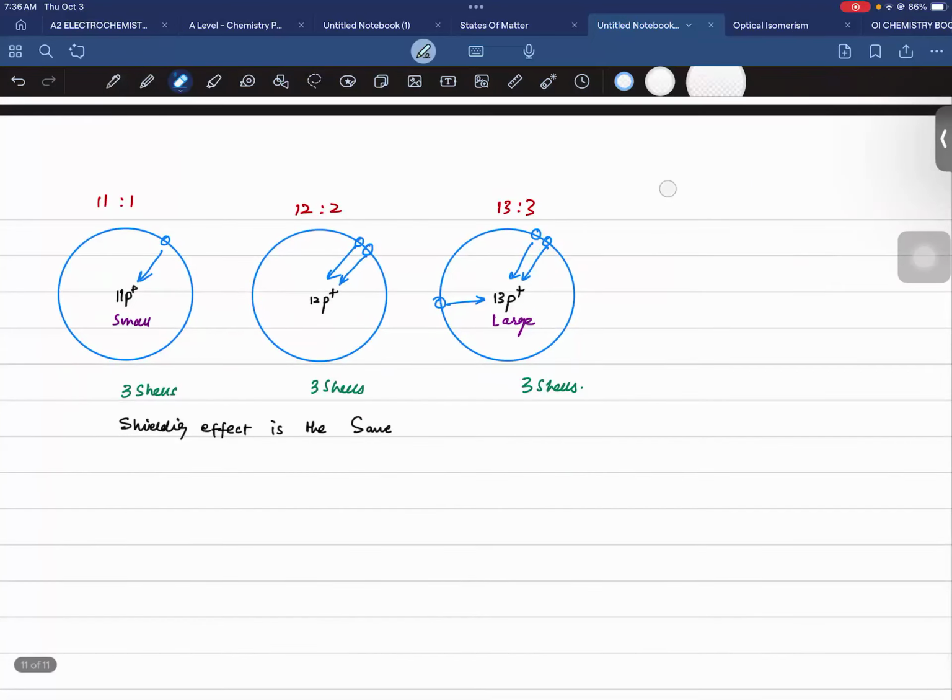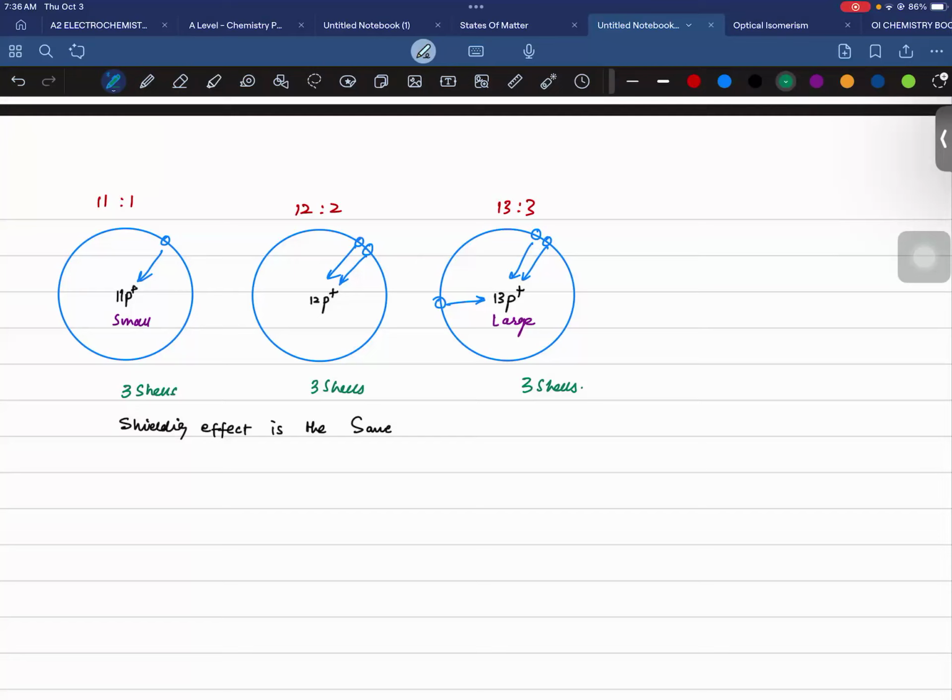Okay. Because when we compare lithium and sodium, you will see a big difference down the group. Lithium has 2 shells, sodium has 3 shells, potassium has 4 shells, rubidium has 5 shells, cesium has 6 shells, francium has 7 shells. So it's very clear that when the number of shells increases, the size increases.